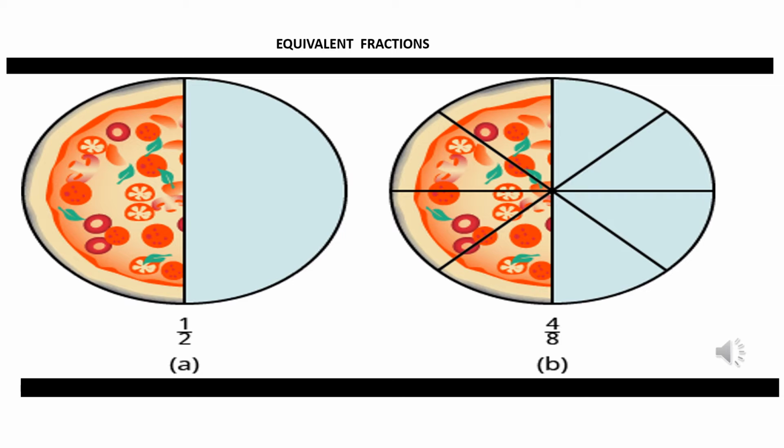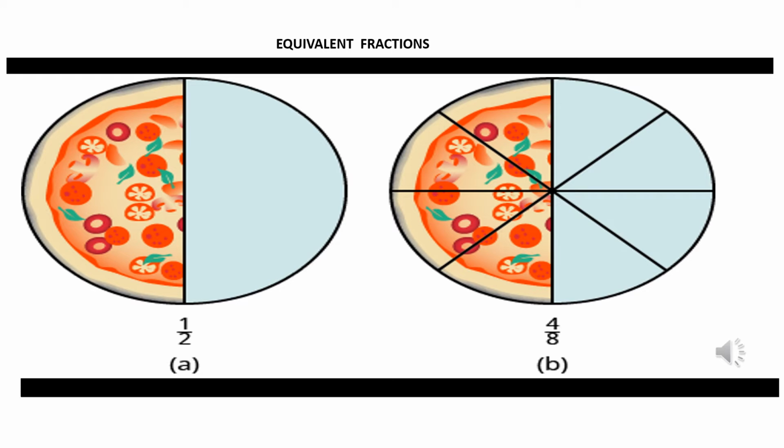In the same way, if you multiply the numerator and denominator of 2 by 8 by 2, you will get 4 by 16. So 4 by 16 is another equivalent fraction of 2 by 8.